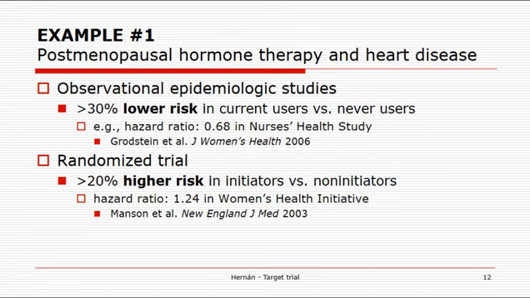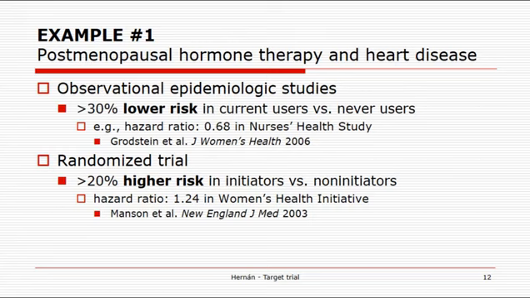Some studies were 0.8, some were 0.5, even 0.4 in some of them, but they found about a 30% lower risk of heart disease among women taking hormone therapy than women not taking hormone therapy. One of the largest of these studies was the Nurses' Health Study that I just mentioned, and in their last update, they found around 0.72.